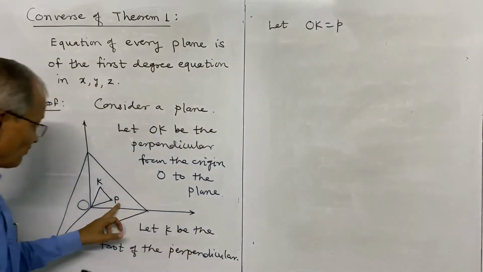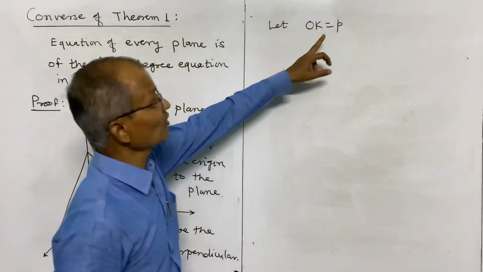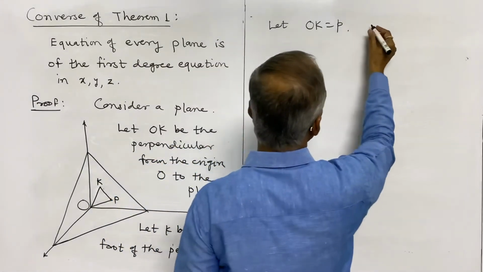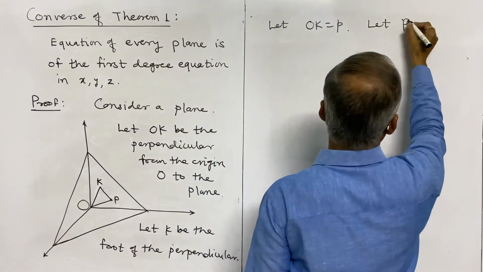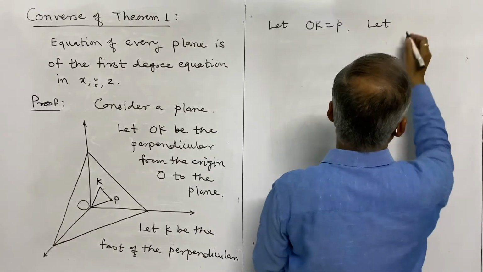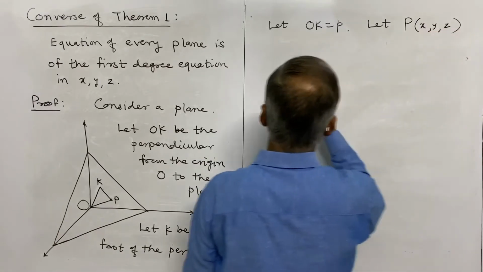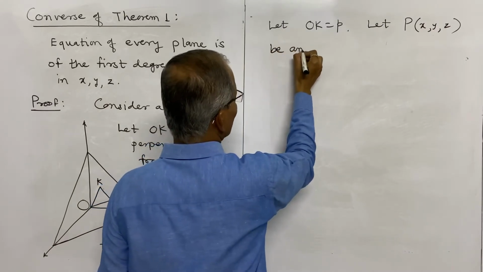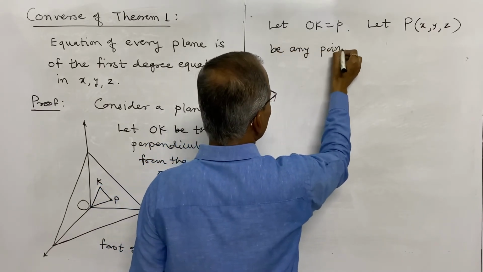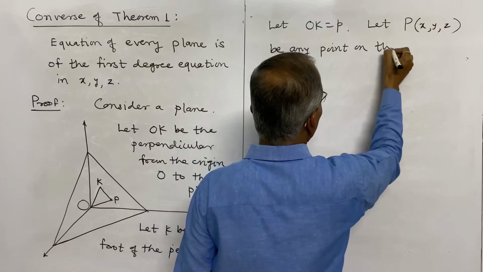This is the capital P point we are considering, and this is small p. Further, let P(x, y, z) be any point on the plane.